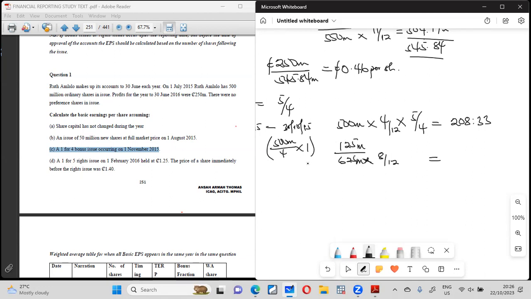Then the 625 will be multiplied by 8/12, which gives us 416.67. Together, that gives us 625 million, because it's a bonus issue. So it will now be 250 over 625. So 250 by 625 gives us 0.40.